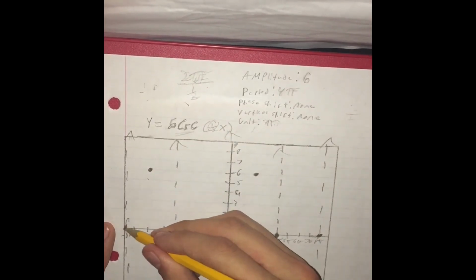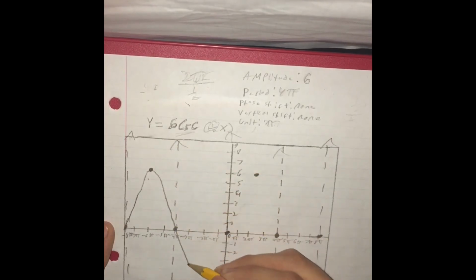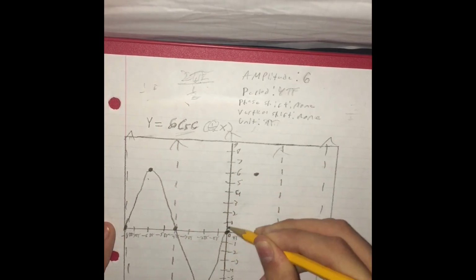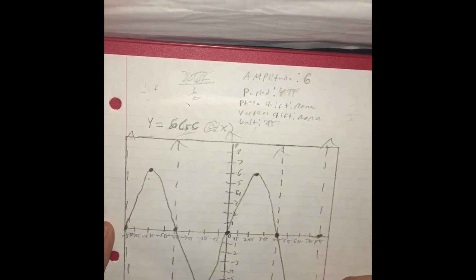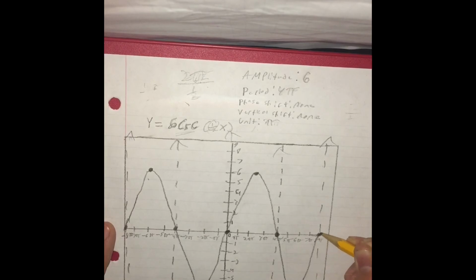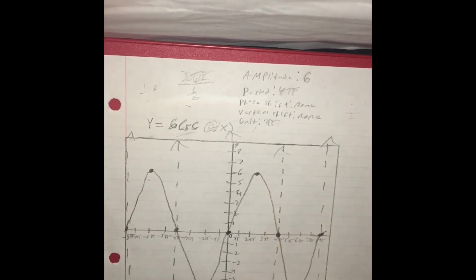So you can just go ahead and fill this out, because you know that there's no shifts and that the amplitude of the graph must reach 6 and negative 6 on the maxes and mins of the graph.